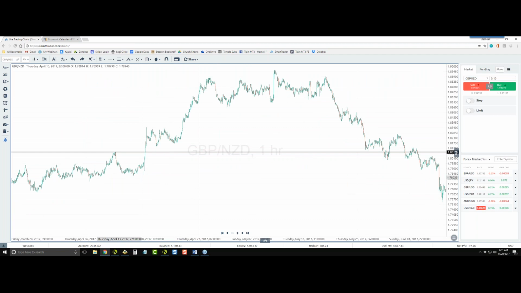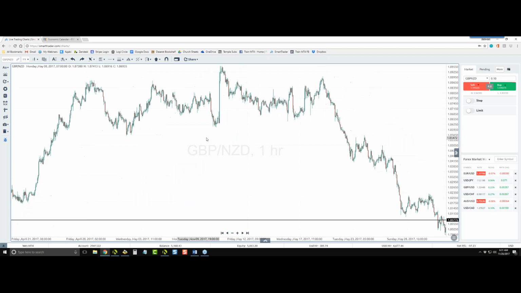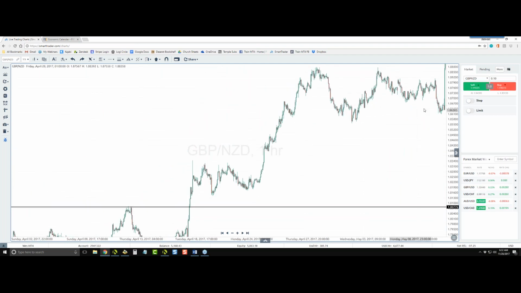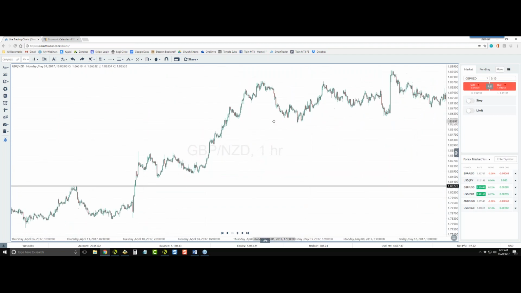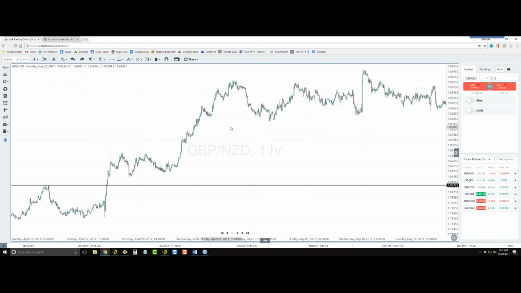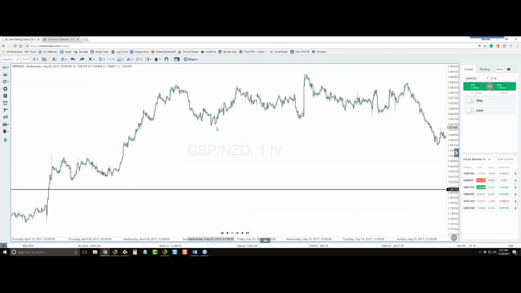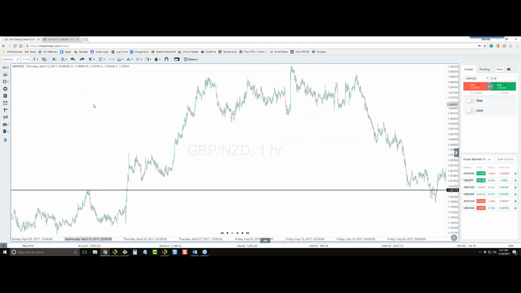So rather than trying to figure out where the lows would be or the best place to buy, a counter trend trading system gives you the opportunity, or I guess the laziness, to not try and guess where the highs or the lows are going to be, but to trade against the prevailing trend.